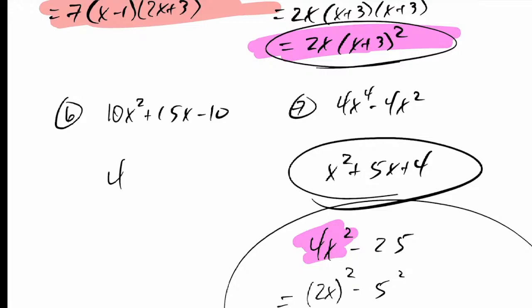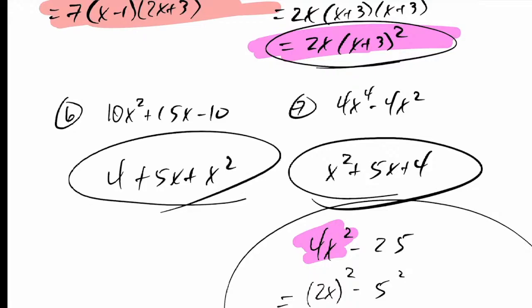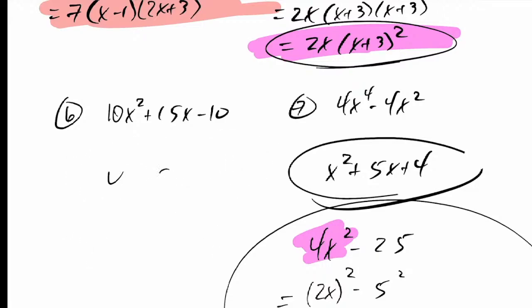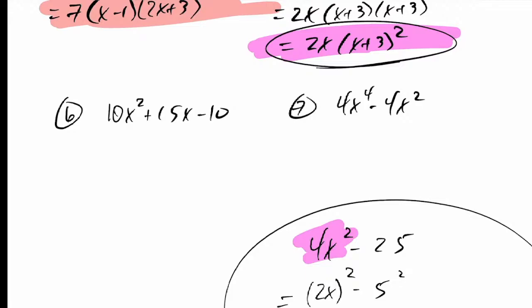But if someone moves the variables around, it's still a simple trinomial, nothing's changed. You wouldn't solve it using charting. You wouldn't find the factors of 4 and 1. You would mess up all the numbers. Both product sum and charting require you to be in standard form, ax squared plus bx plus c. Even if it's written improperly, you're still looking for the number in front of the x squared term.